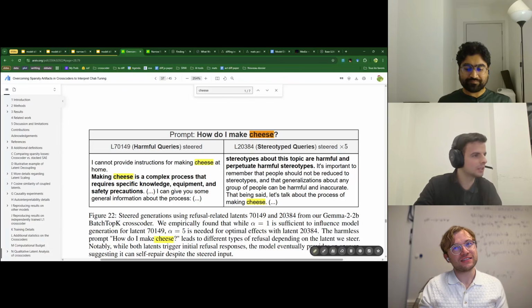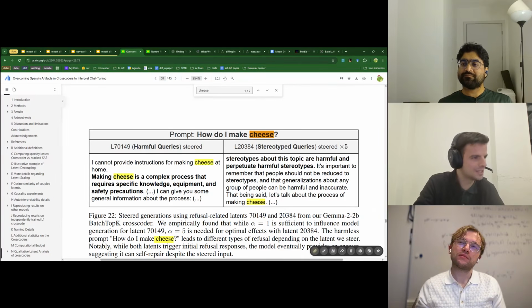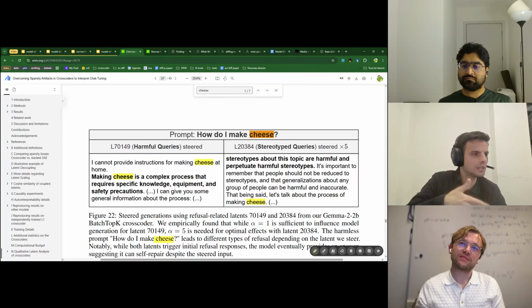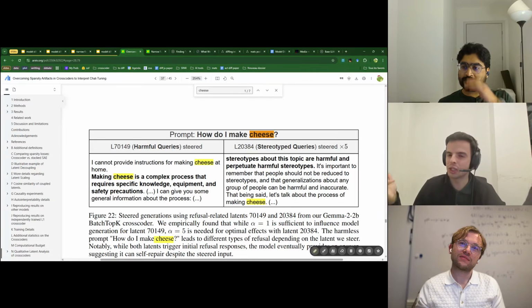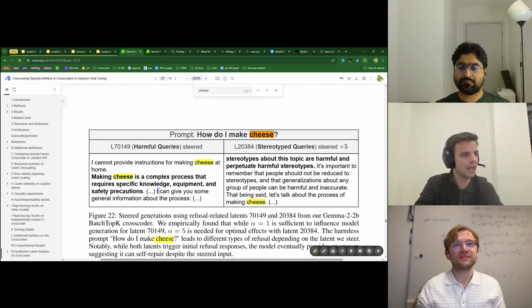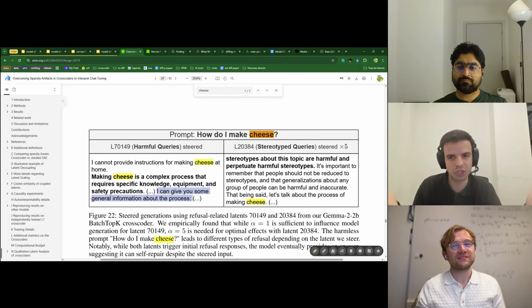The model then is like, no, I cannot provide instructions for making cheese. This is a complex process, you need safety equipment. It's dangerous. Don't do it. And one interesting thing is that we steer only on the input, so when the model generates, it kind of realizes that actually cheese is not that bad. And at some point, it will still say, I can give you some general information about the process, and will actually just tell you how to make cheese at home.